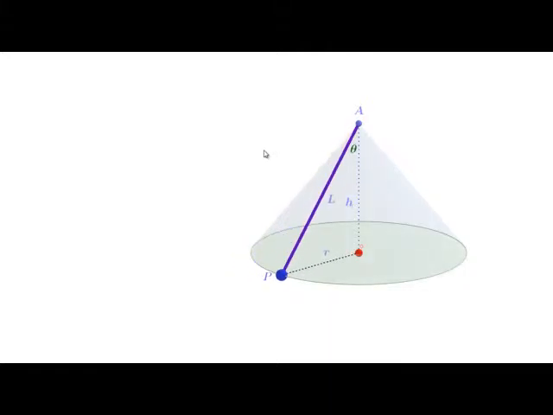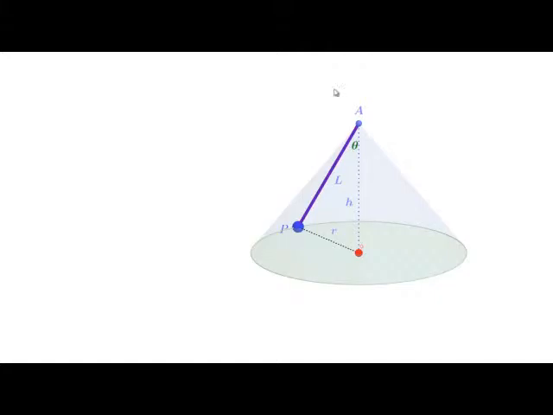The particle P is now rotating around the axis of the cone. You can see radius R, P, the semi-vertical angle theta, and length L for the light inextensible string. Basically it's just traveling in a circle.